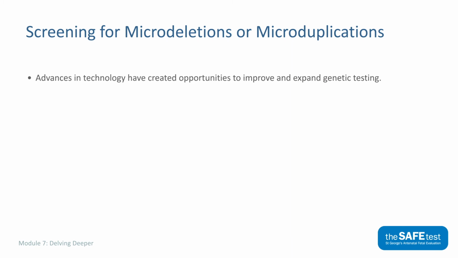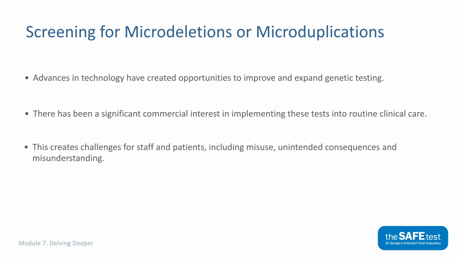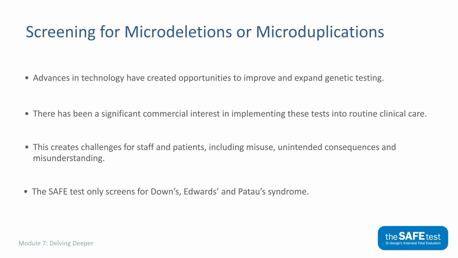Advances in technology have created opportunities to improve and expand genetic testing. Again, like SCAs, screening for microdeletions is not recommended as part of routine prenatal screening at present, as it creates challenges for staff and patients, including misuse, unintended consequences, and misunderstanding.